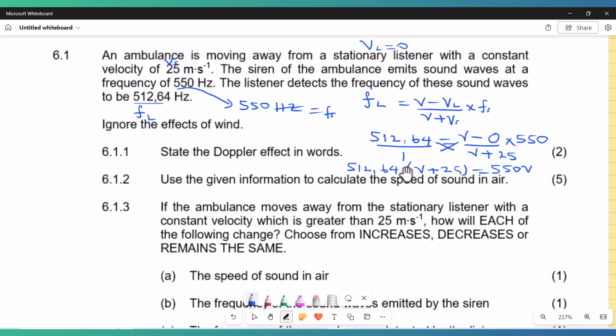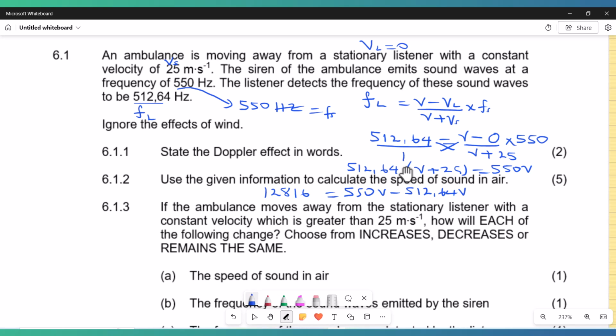So this is 12816, then with the V, it comes to the other side. So equals 550V minus 512.64V. So we divide 12816 by the difference there.